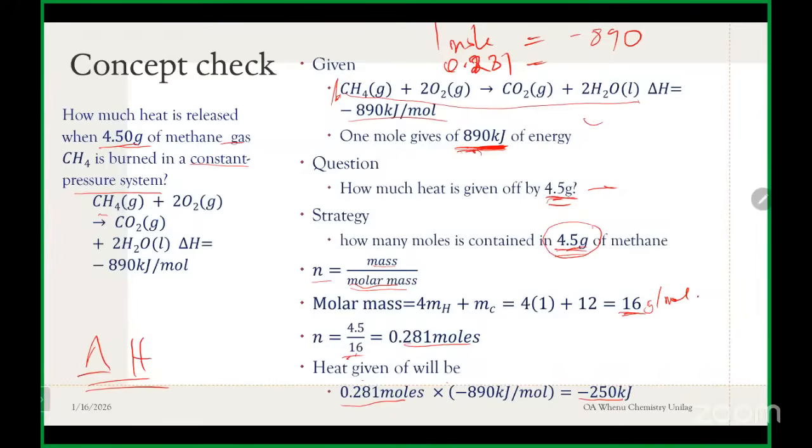I already said it. When you're dealing with thermodynamics, it is important to always write the state of matter. Is the negative sign important? Yes.